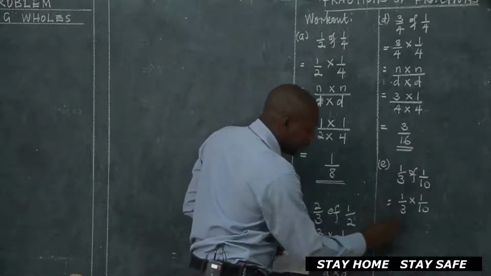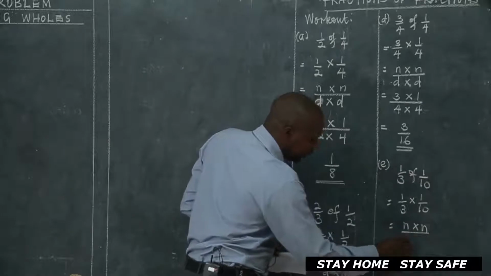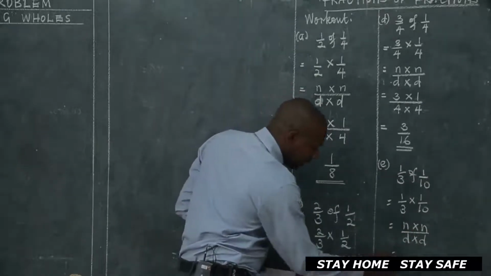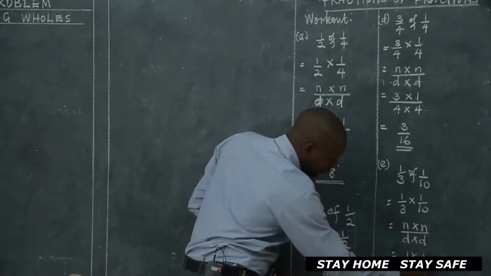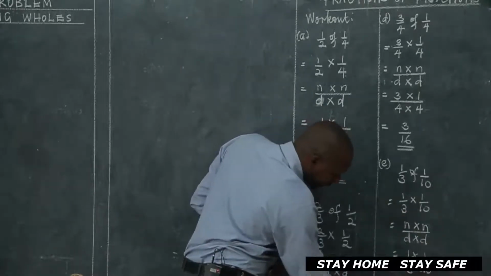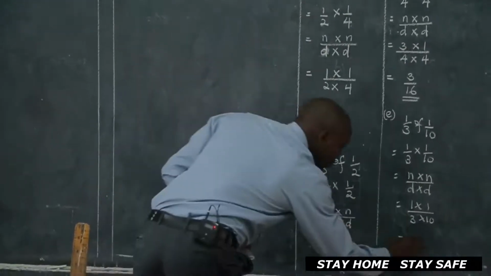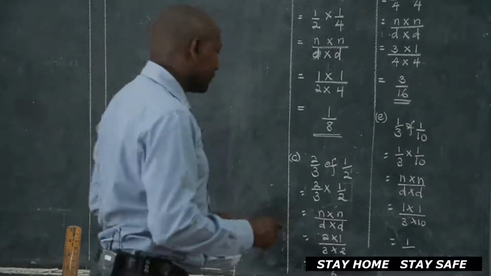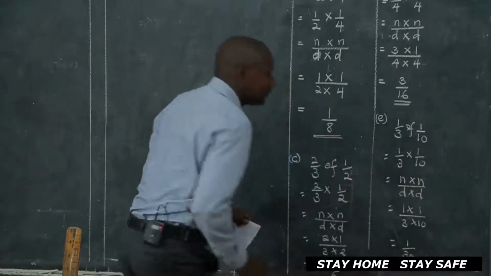We said, let's have the product of numerator and numerator, then we divide by denominator times denominator. In this case, our numerators will have 1 and 1, okay? Then our denominators will have 3 and 10. Are you ready to multiply with me? 1 times 1. Somebody is saying 1. Correct. What about 3 times 10? Very good. Somebody is saying 30. You are a bright child there.